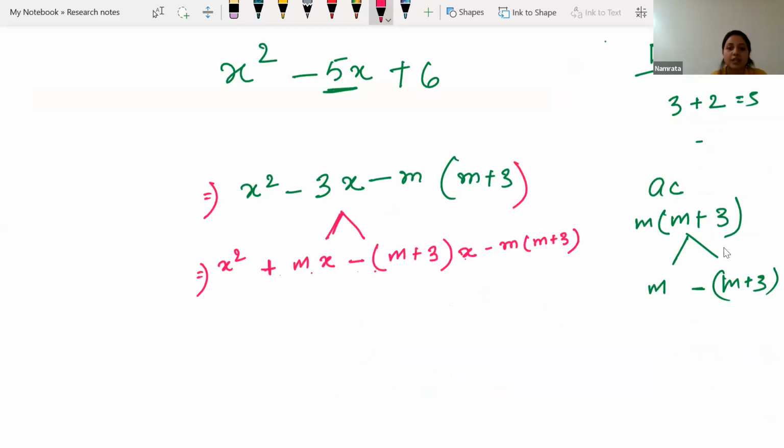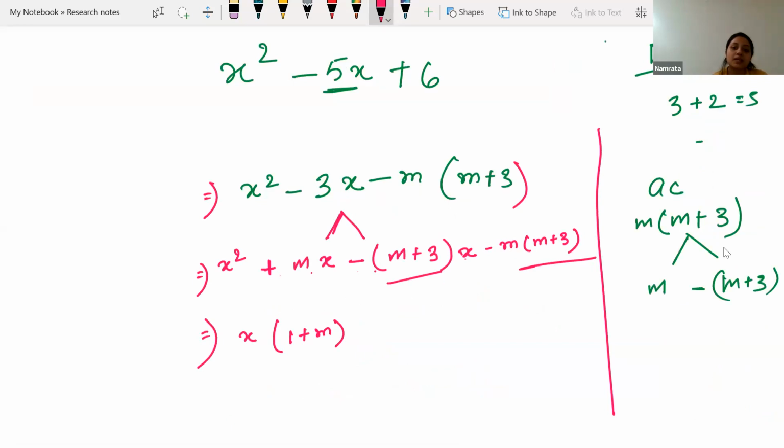This is what we are having in hand. Now the way we take the common factor from the first two, x is common and the leftover terms are x plus m. Now from the other two terms, I can see minus is common. I can also see that m plus 3 is common from these two terms.